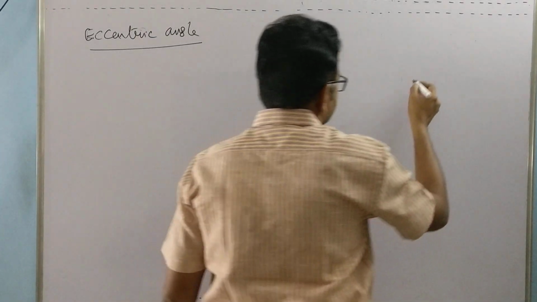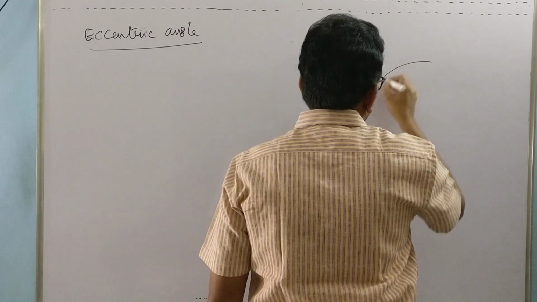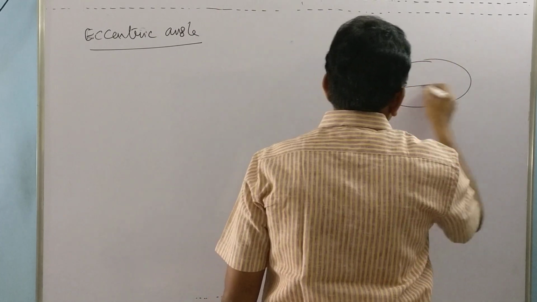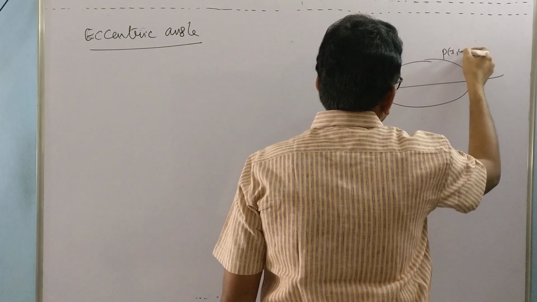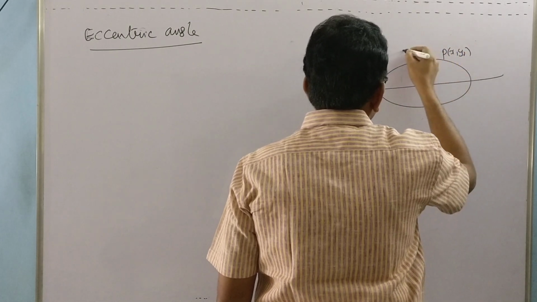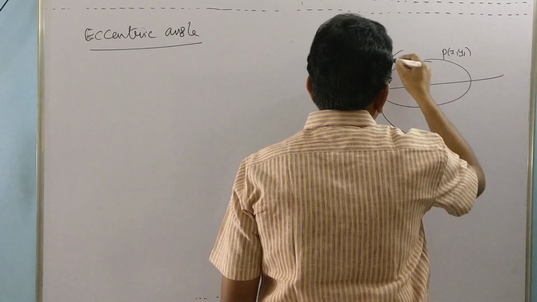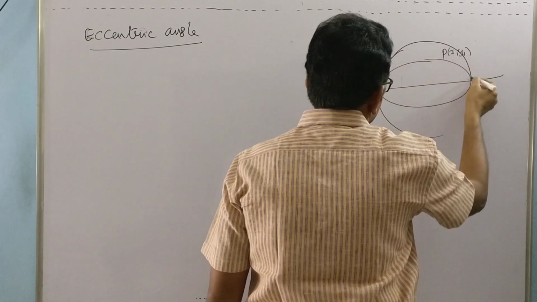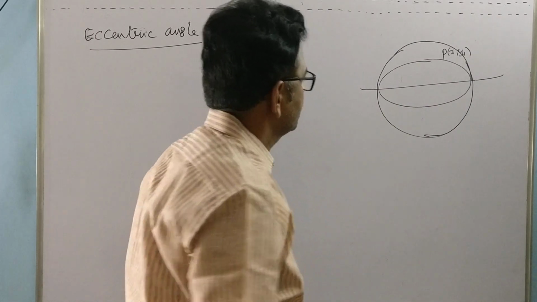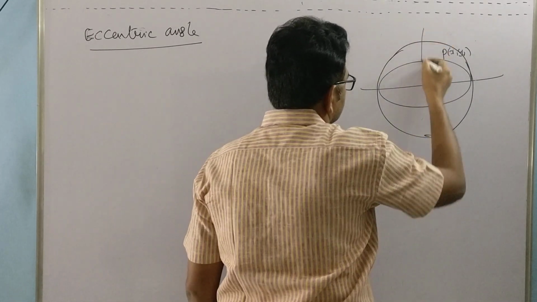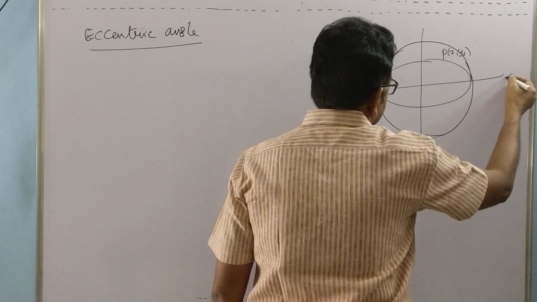See here, this point P(x, y) is a point on the ellipse. This is the y-axis, this is the x-axis.